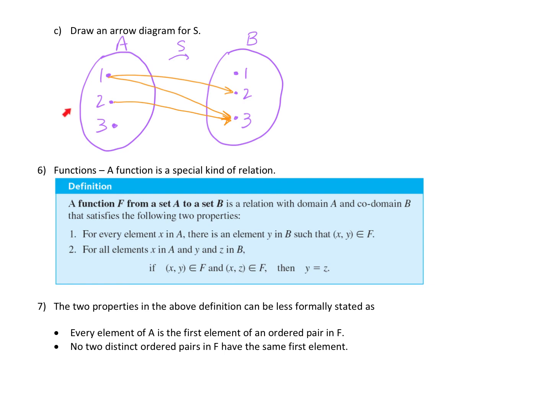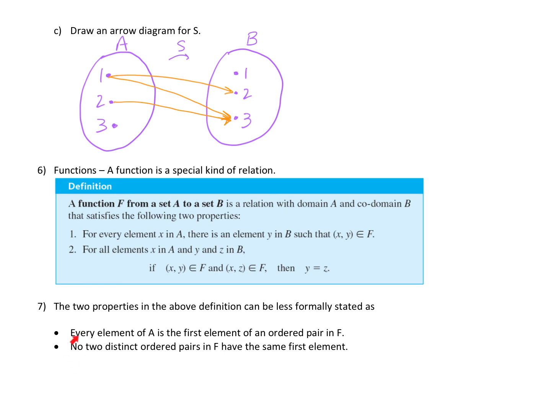When I look at this diagram, we failed the second one also because I have (1, 2) and (1, 3). For the same x, I've got two different y values. So we fail property 2 as well.